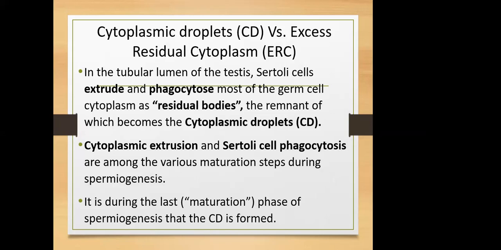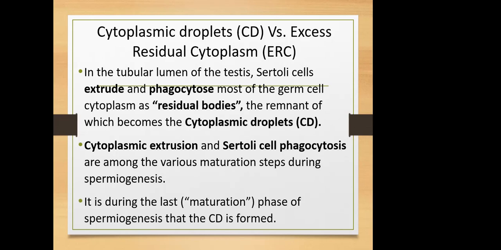The cytoplasmic droplets and excess residual cytoplasm: what's the difference? During the maturation process in spermiogenesis, the unwanted organelles and residues will be extruded in a process called cytoplasmic extrusion. And then this becomes phagocytosed by the Sertoli cells.